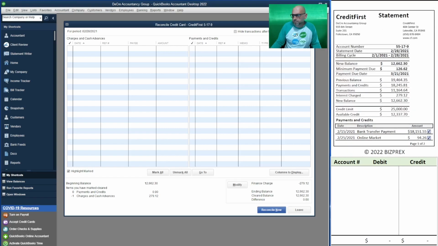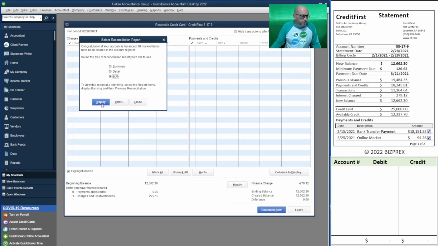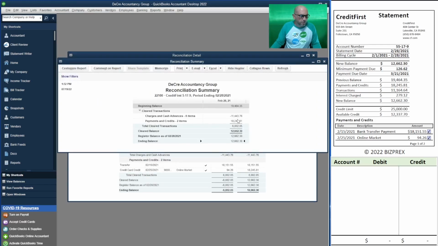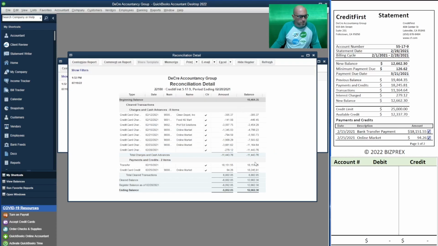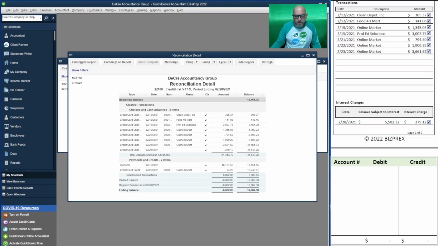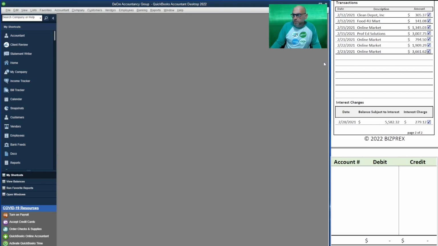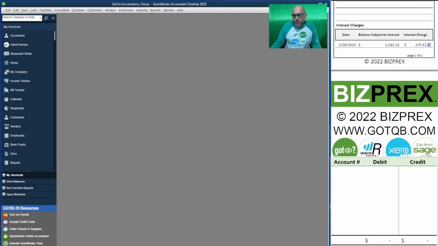We would print both. Here they are. New balance matches, transactions match, all good to go. We would print these reports, attach them to this statement, and that completes reconciliation of the credit card for February.